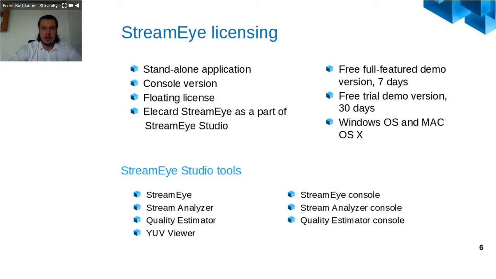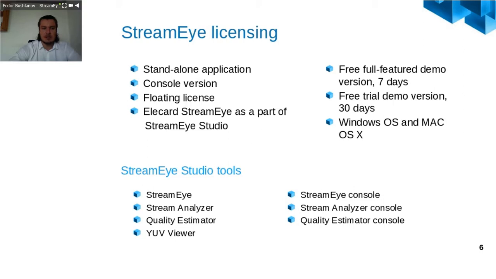Speaking about StreamEye licensing, it's available as a standalone application. We call it a single seat license, and it's also available as a floating license. What is a floating license? Imagine you have a group of, say, 10 developers, and you know that 3 of them will be using StreamEye at the same time. Any 3 of your developers may use StreamEye at the same time. So this is the floating license option for such cases.